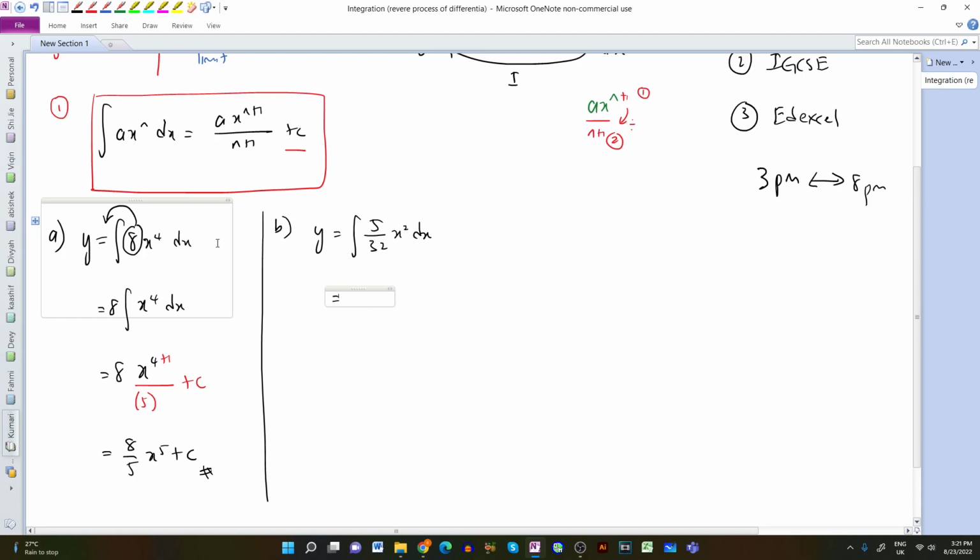Is it 5 over 96 x cube plus c? So you take out the integer. Is this your answer? Yes. Okay.